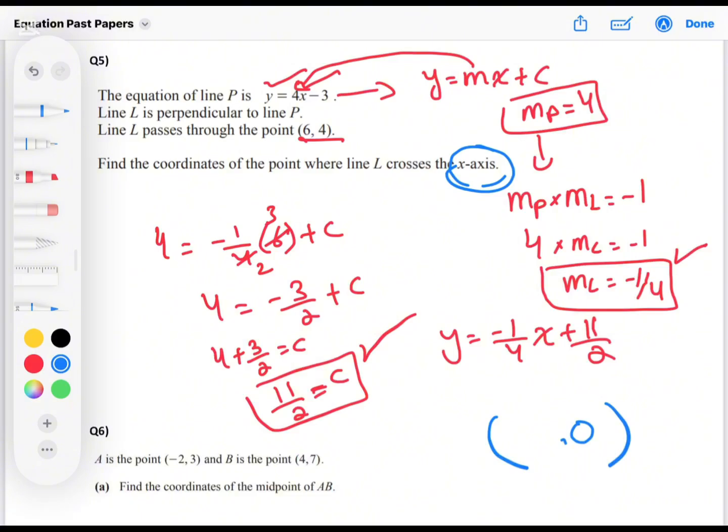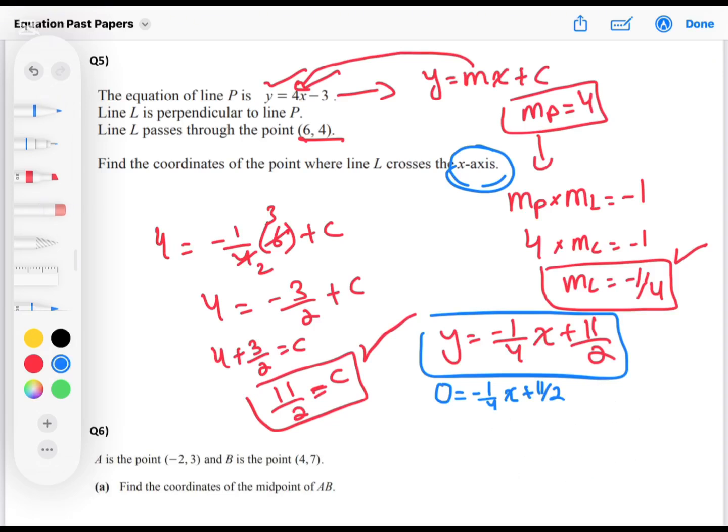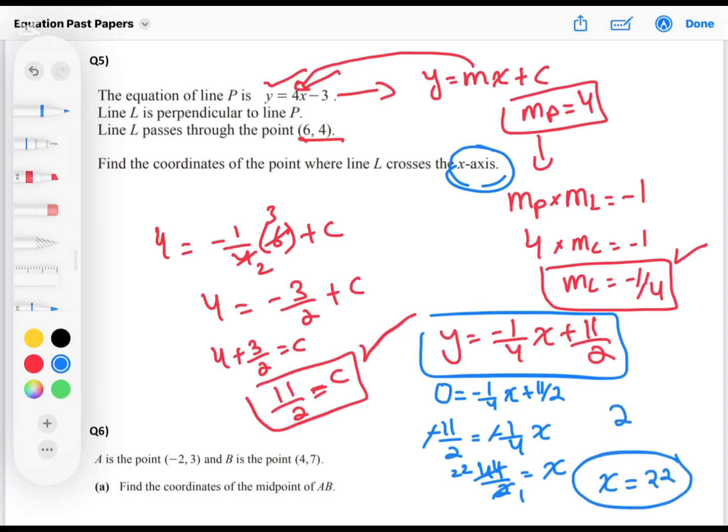Now I need to find the x value, so I put y = 0 in this equation: 0 = -1/4 x plus 11/2. 11/2 goes to the other side and becomes negative: -11/2 = -1/4 x. The 4 goes to the other side, and minus minus cancels out, so this becomes 44/2 equals x. 2 ones are 2, 2 twos are 4, so the value of x is 22. So the final answer will be (22, 0). This will be our final answer.